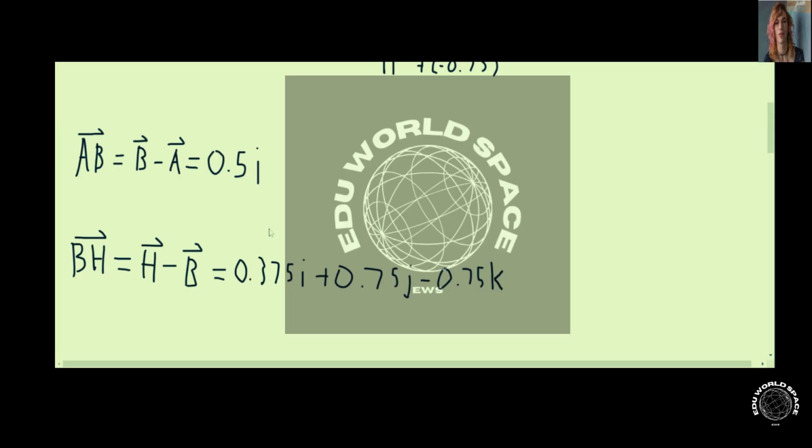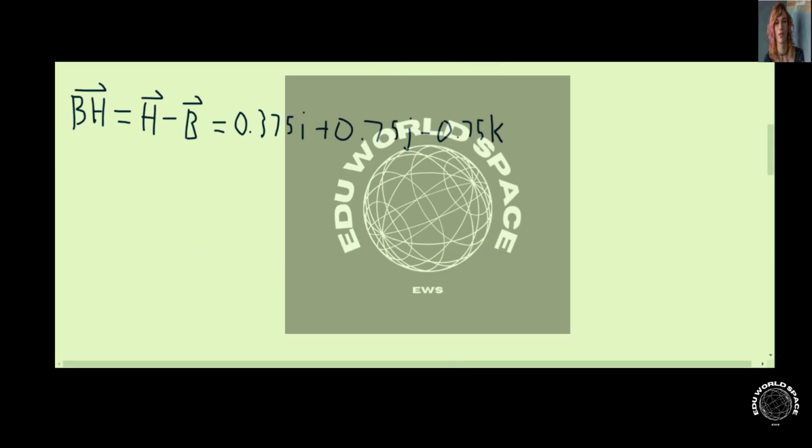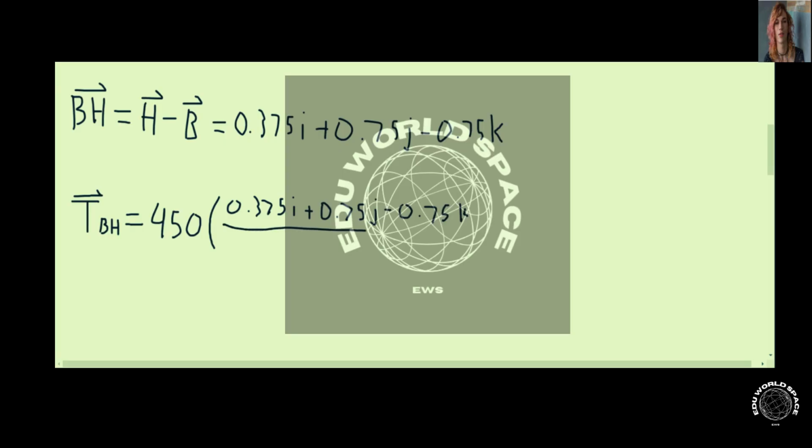And we can now find the tension vector. So the tension vector of the cable BH, that's going to be equal to the magnitude of the force of the tension. So it's given as 450 times this BH vector divided by the vector's magnitude.